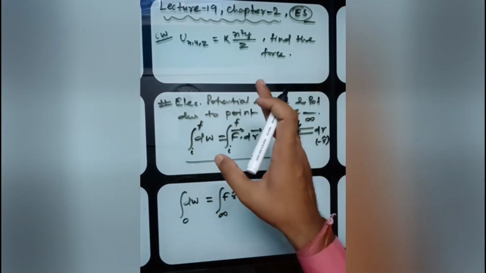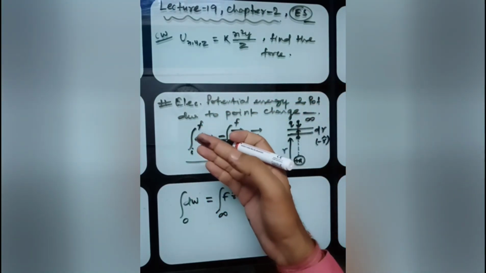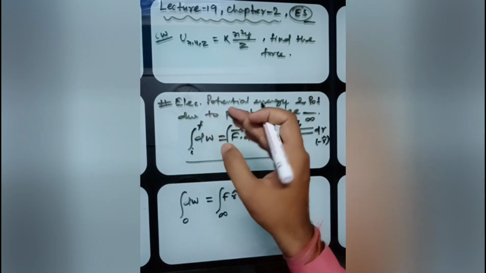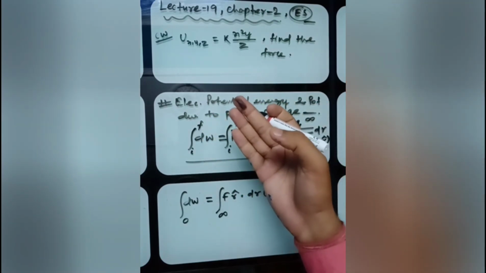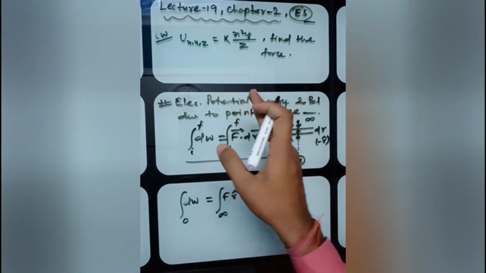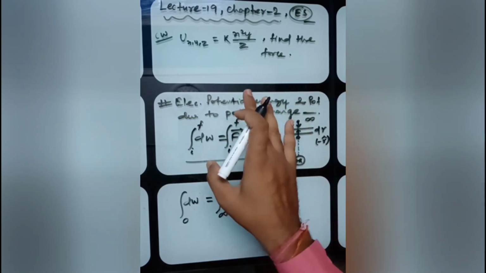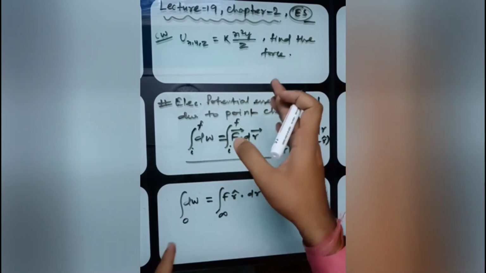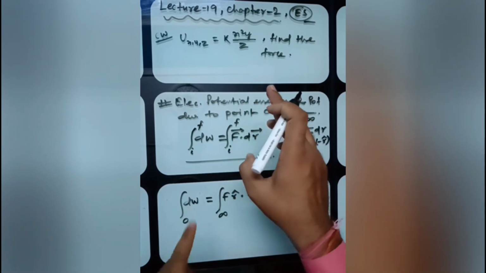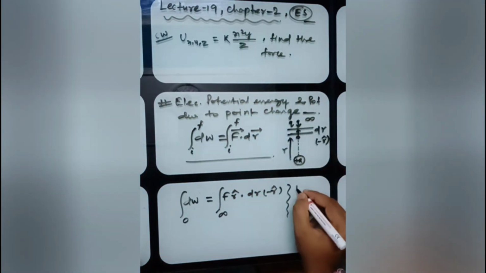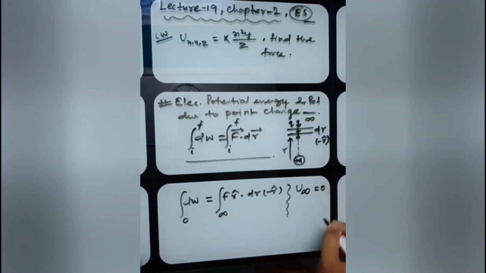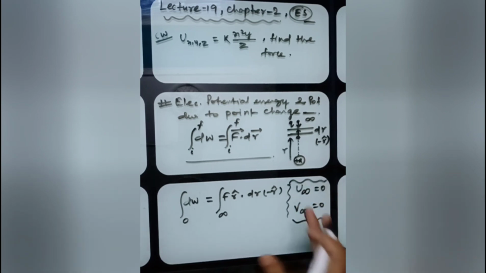It means at infinity the work is zero, meaning work is to be started from infinity. So potential at infinity, remember, is zero, and potential energy and potential at infinity must be zero. This is the assumption you have to remember.